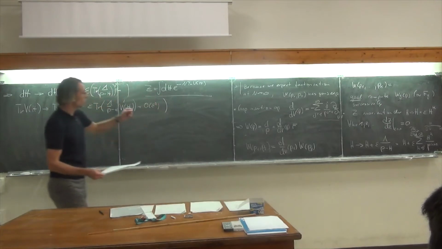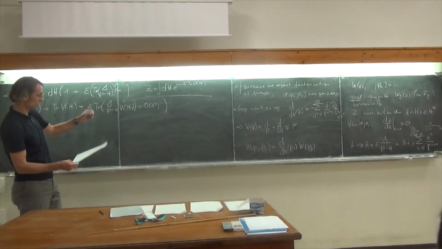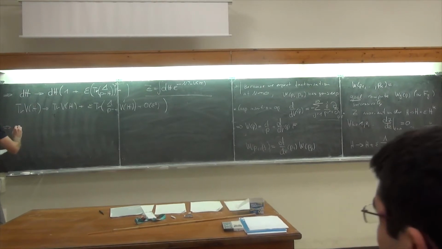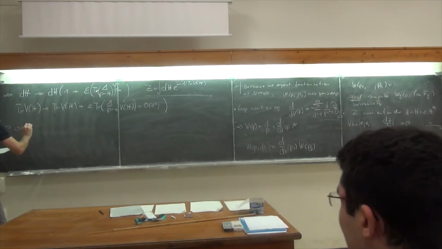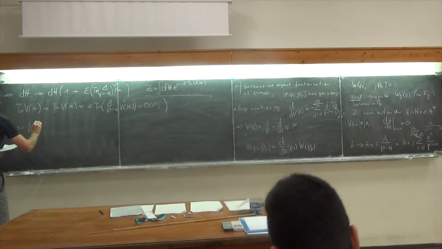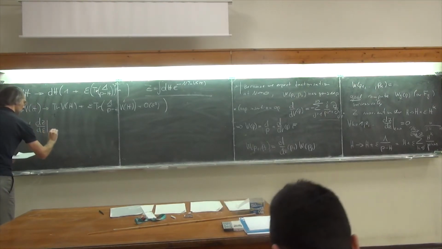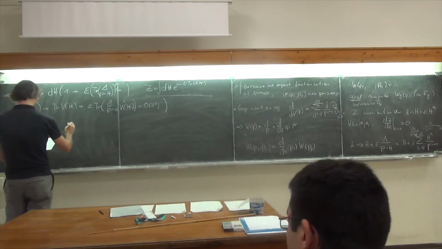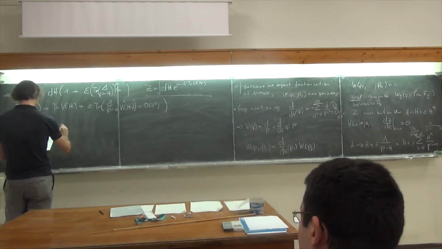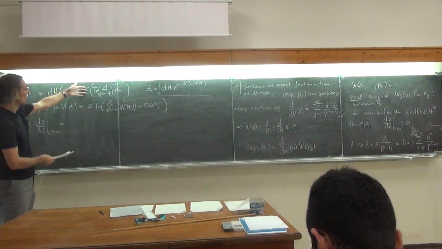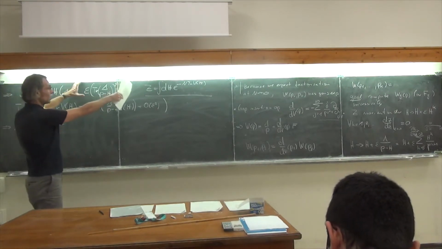And let's divide also by Z so that we get expectation values. Okay, so we get the following equation. So this is then, well, first of all, from this term, from this differentiation, we get this expectation value.